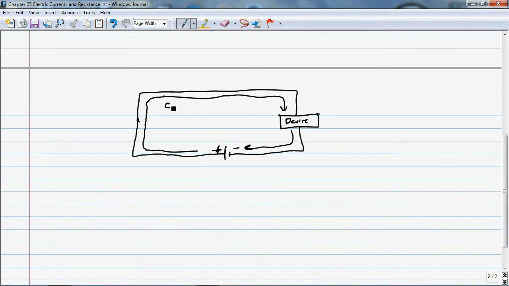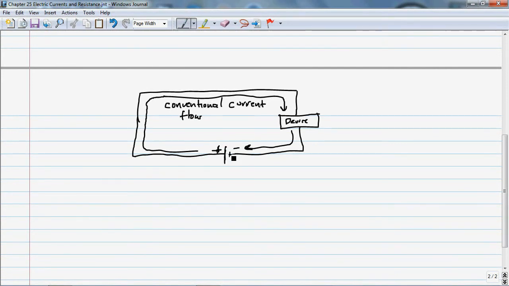And this is called conventional flow. Conventional, we'll call it current flow. And it was just always assumed positive was the correct way. And it went on for years. It was the accepted mode of looking at things.